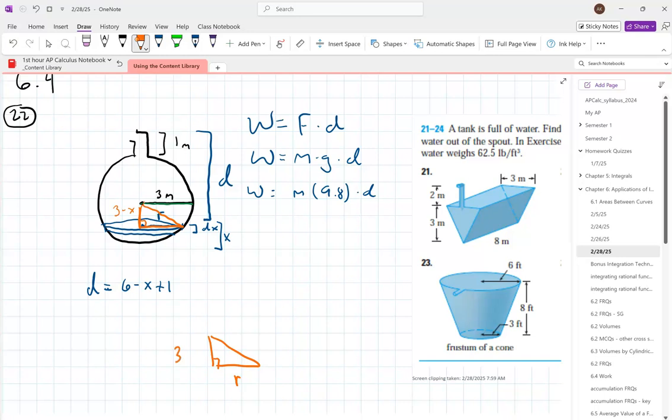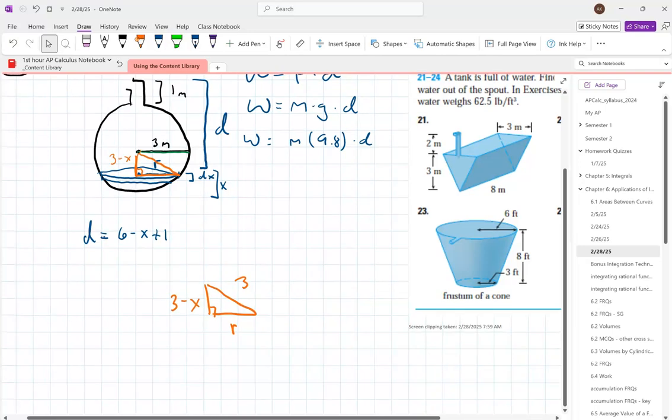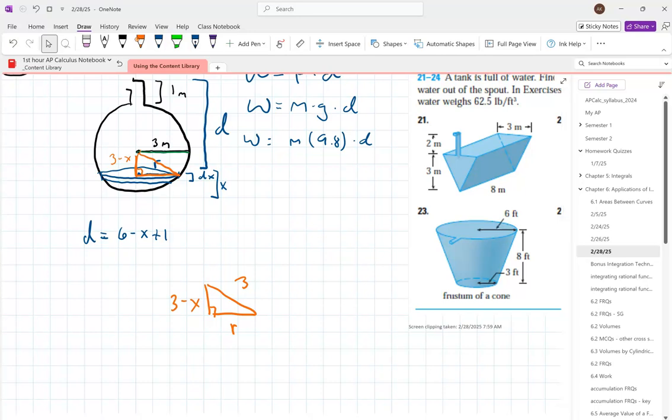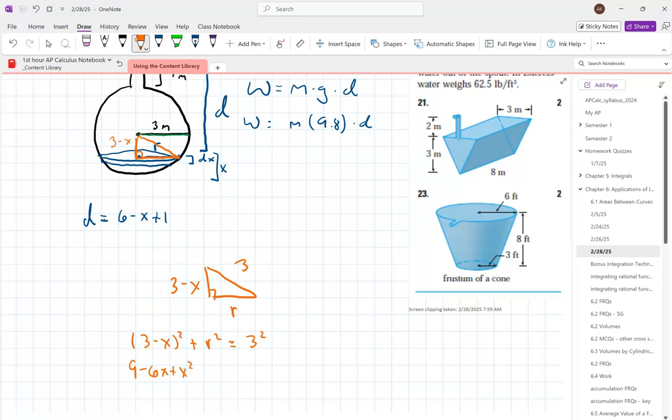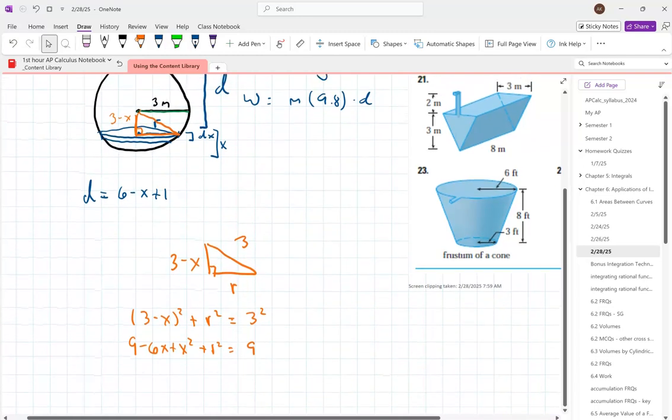So that's the radius. This side is 3 minus x. And this side is 3 because it's a radius. So I have then that (3 minus x) squared plus r squared has to equal 3 squared. 9 minus 6x plus x squared plus r squared has to equal 9.